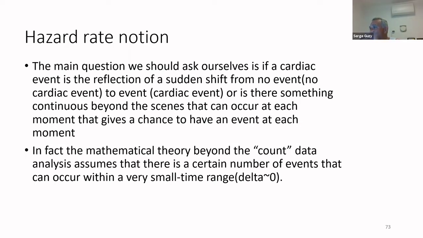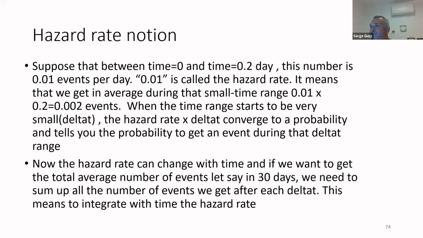And every second I'm checking, did I get one or did I not? And then if I have a model that defines the hazard rate, the number of events per unit of time, what does that mean? If, for example, I have, let's say, 0.01 event per day, what does that mean?